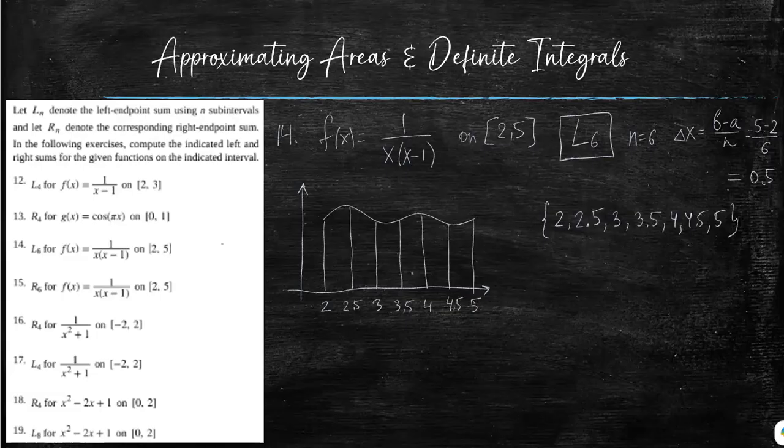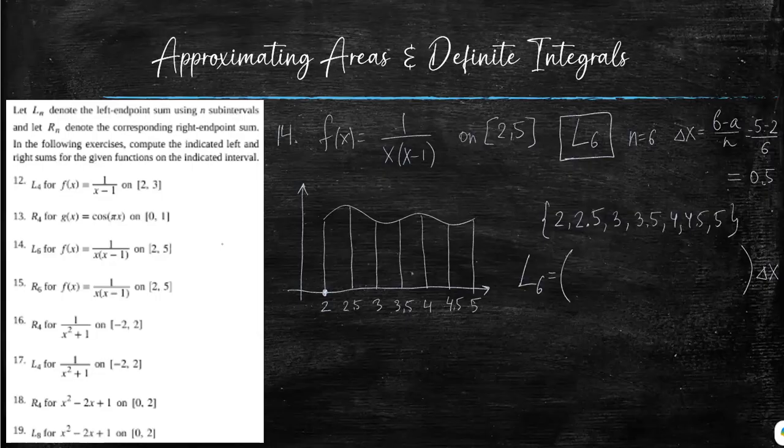Now it says use L6, so that means we're going to be picking the left endpoint as a representative from each subinterval. So my L6 is going to be equal to, and now delta x is going to be part of all of them, so you don't have to write it 6 times, you can just factor it out.